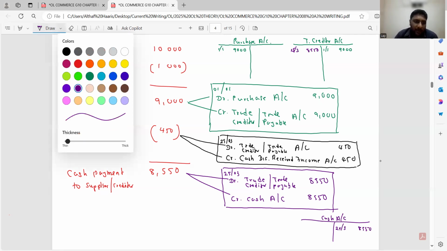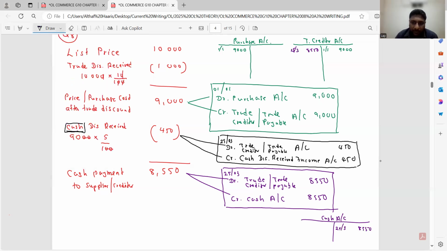Now let me record the black color one. Debit 450, credit, open another account, cash discount received, income 450, 25 March.